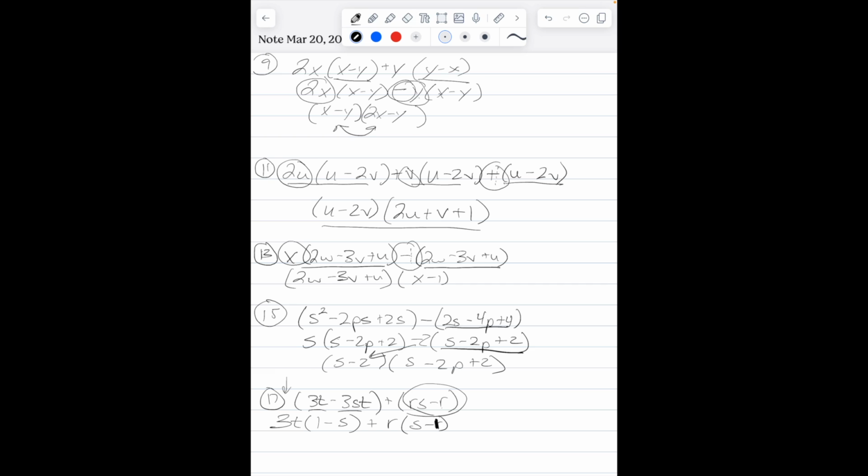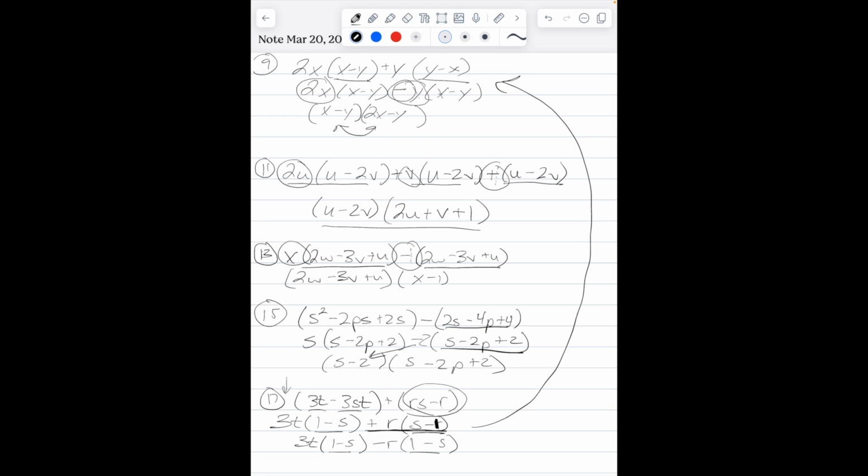Well, I can see that these two binomials are the same in reverse. And you may recall from the first problem in your homework that we can multiply a negative 1 to flip that second binomial. So let's do that. That'll make this a lot easier to factor. Because we're multiplying a negative 1 across all of these terms, this r becomes negative, the s becomes negative, and the 1 becomes positive.